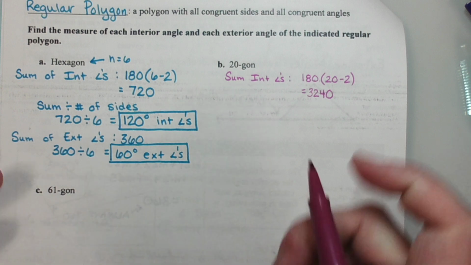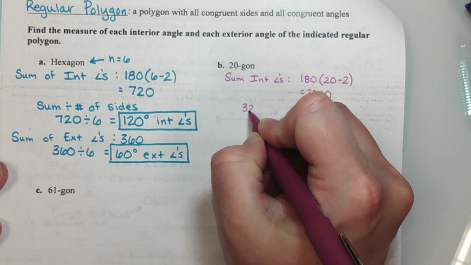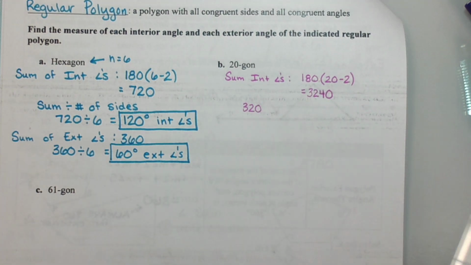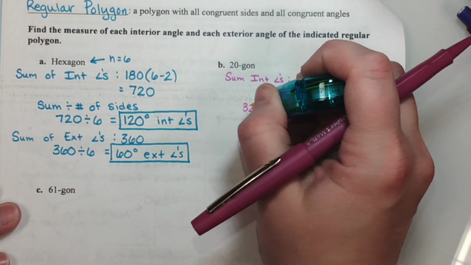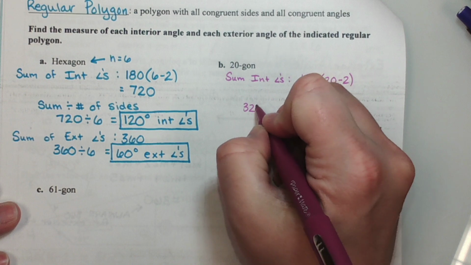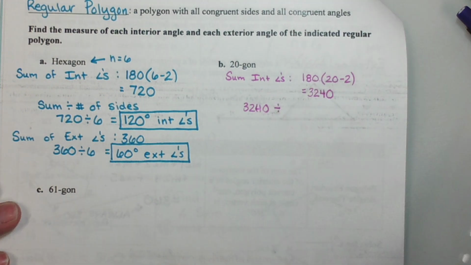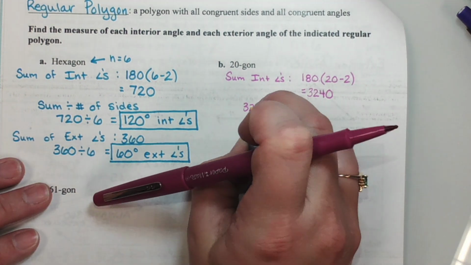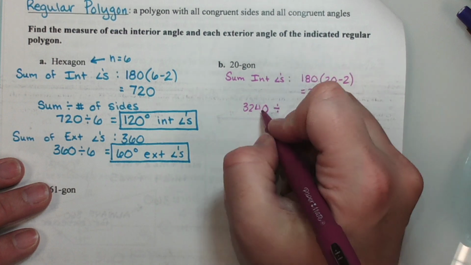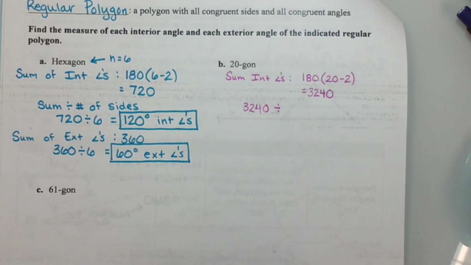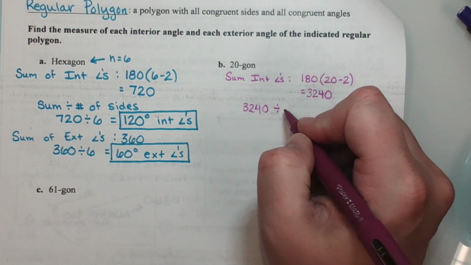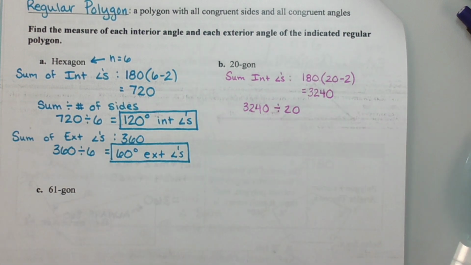Divided by the number of sides. 3,240 divided by, how many sides were there? 20. It's a 20-gon. Means 20 sides.